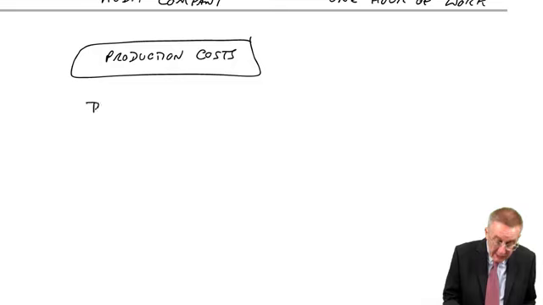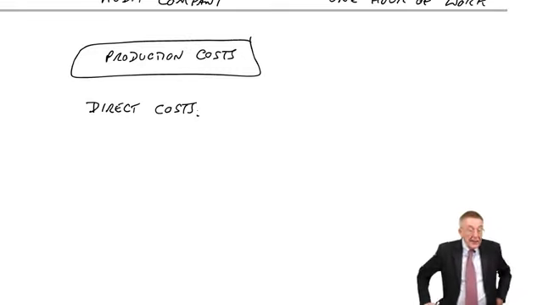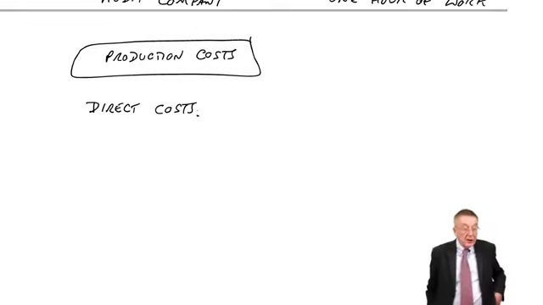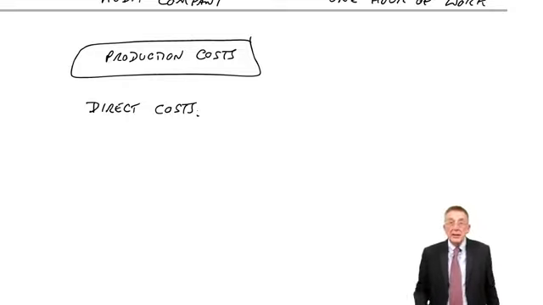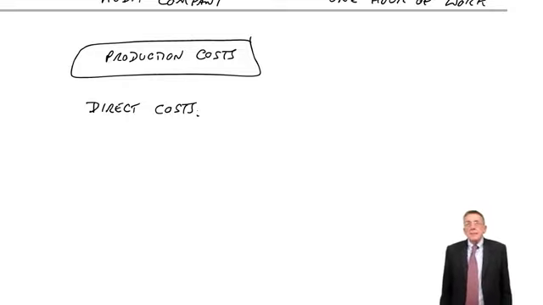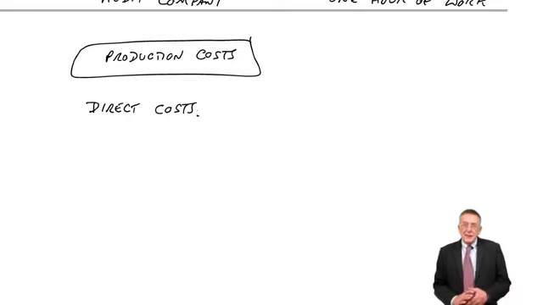First of all, direct costs. And as I've typed there, direct costs are those costs which can be identified with and allocated to a particular cost unit. Suppose we make desks.